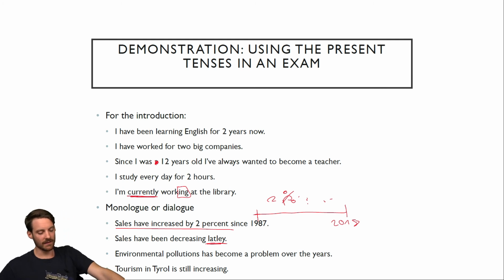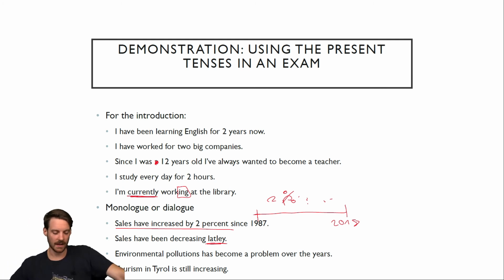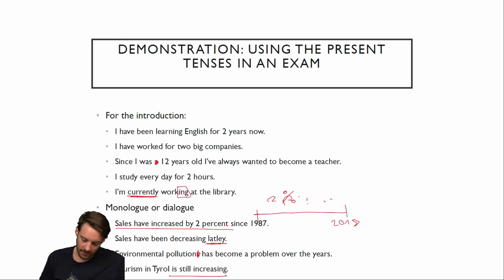Then, environmental pollution has become a problem over the years, so since an unspecified point in time, it has gradually become a problem over the years. And last but not least, tourism in Tyrol is still increasing. So at the moment it's still increasing.